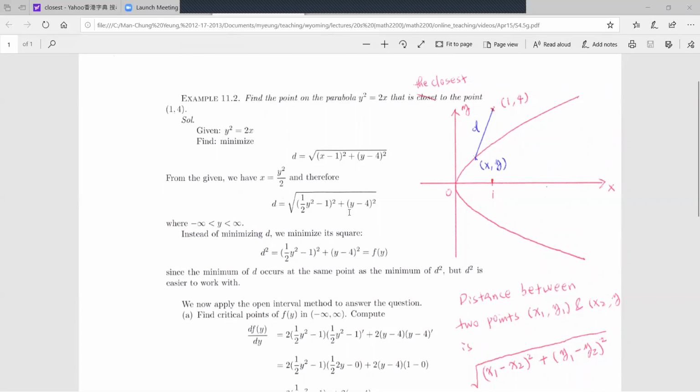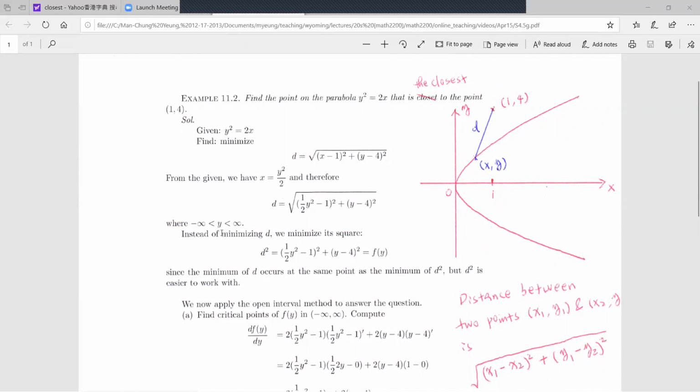Pay attention: here, y is the independent variable. y is not a function. d is a function of y. d depends on y, but y is the independent variable. The range for y is from negative infinity to positive infinity. That means y can assume any number from negative infinity to positive infinity.